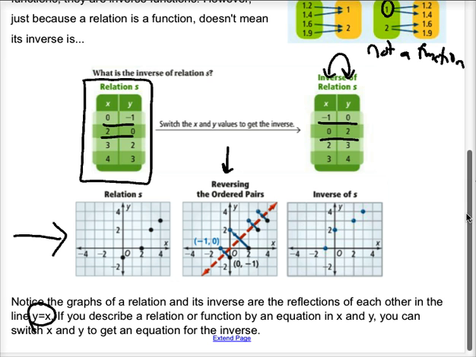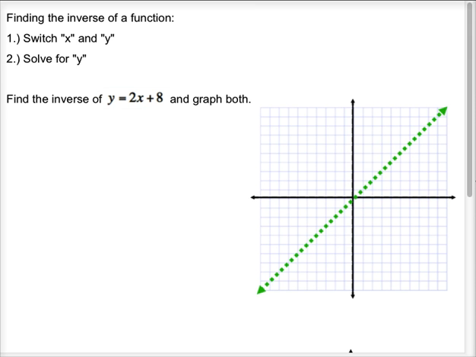So most of what we're going to be doing, well, these points were effective for giving an introduction to inverse functions. The real meat of it comes from dealing with actual equations. All right? So we have two steps for finding the inverse of a function. The first thing we're going to do is switch x and y in the equation itself.